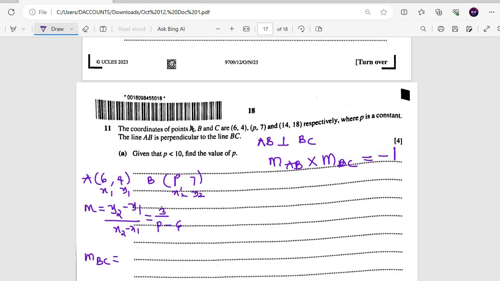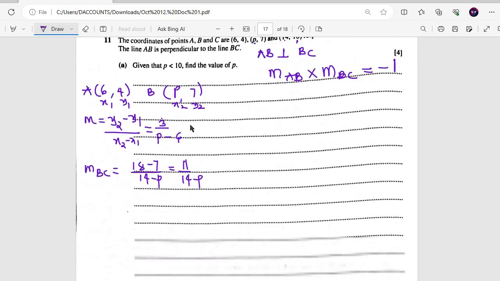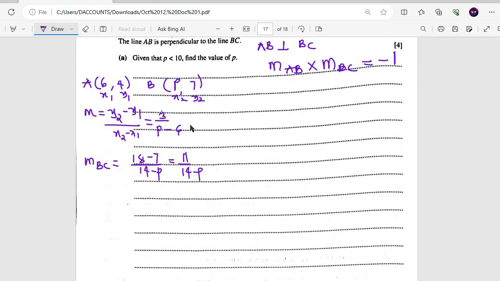Gradient for BC. Where's B? This is B, this is C. Change in y of BC is 18 minus 7, and change in x is 14 minus P. So 18 minus 7, that's 11 over 14 minus P. Since they are perpendicular, the product of the two gradients is -1.